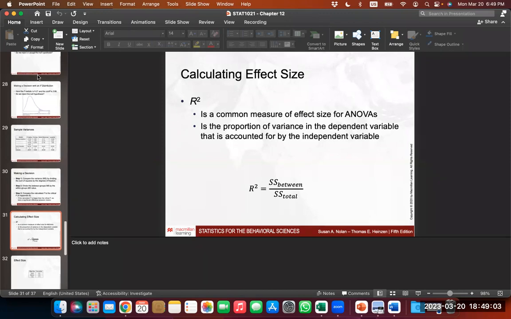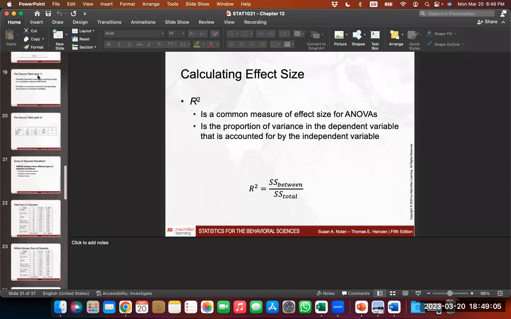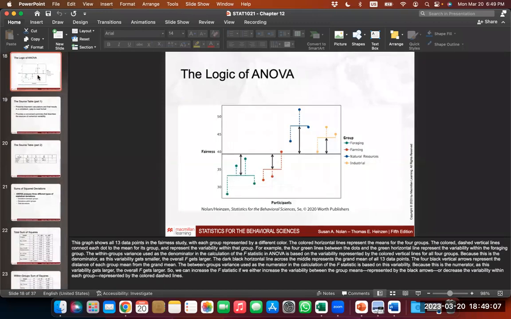So you're comparing this variance between those 4 groups over the sum of the variances within those groups, because this gives you an estimate of how much overlap you have between those groups.